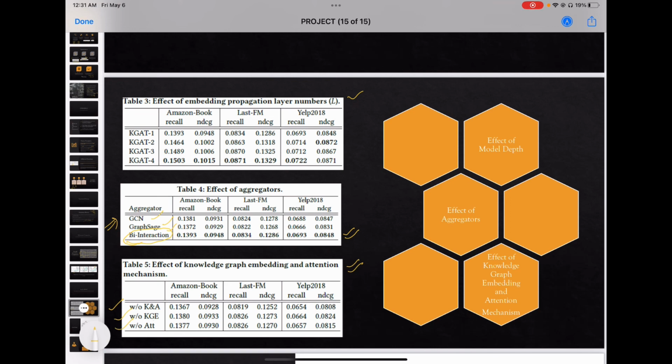We see that the results are best when we have all three of them embedded in them, but removing knowledge graph embedding and attention components degrades the model's performance.